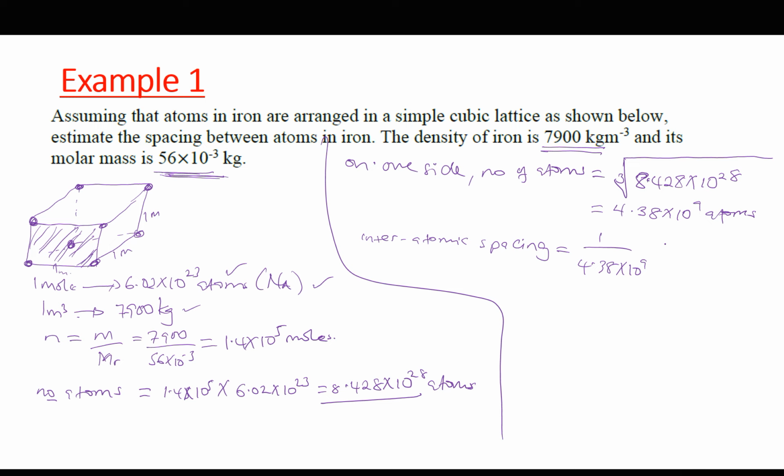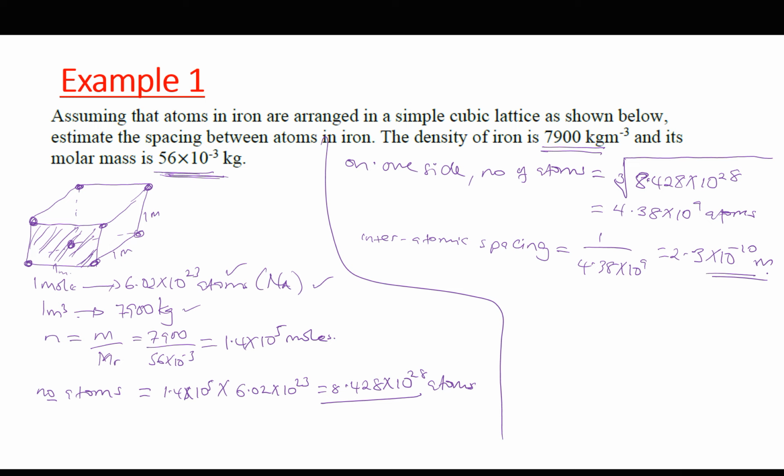And when I divide this, it is 2.3 times 10 power negative 10 meters. Already the power of 10 has come out to be 10 power negative 10.